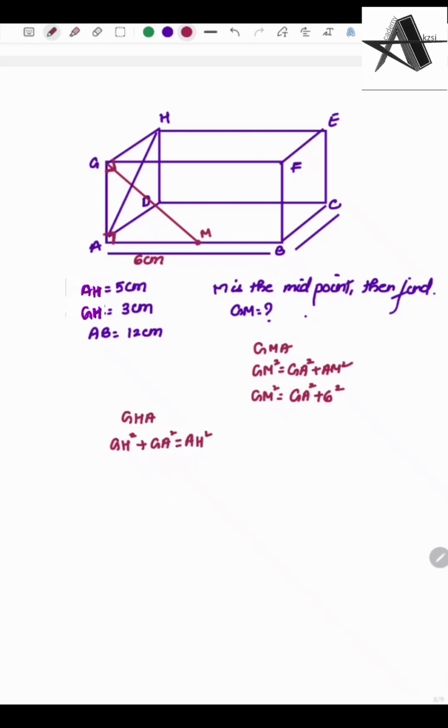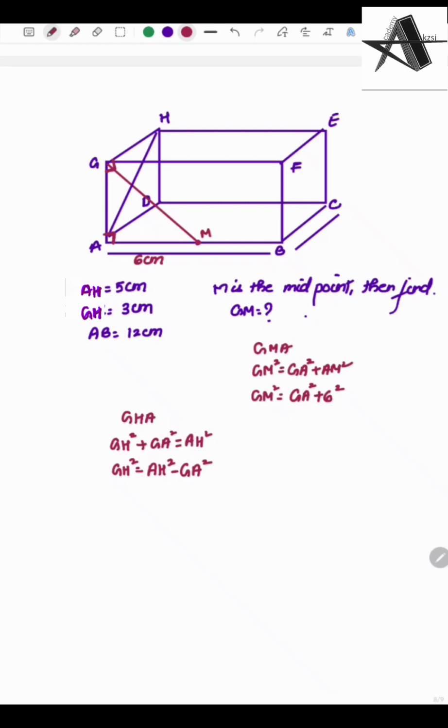Why did I say AH is the hypotenuse? Because it is opposite to 90 degrees. How do I know G is 90 degrees? Because at all the endpoints, where the edges are meeting, they are 90 degrees in a rectangle. So GA squared will be equal to AH squared minus GH squared.